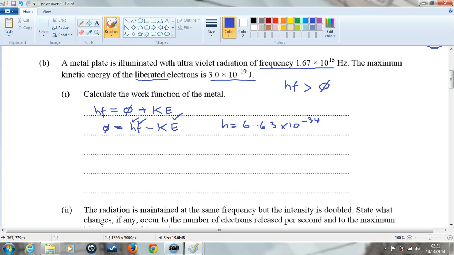So I can plug all of this into my equation to get my work function. 6.63 times 10 to the minus 34 times my frequency, which I was given up in the question.